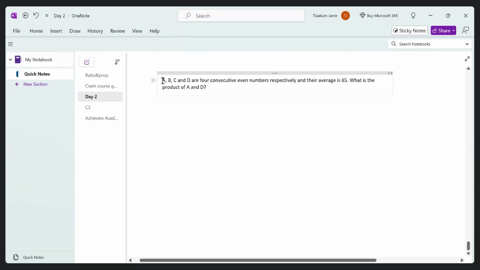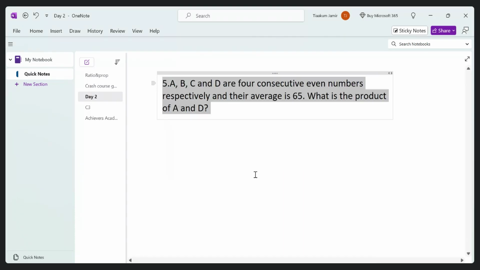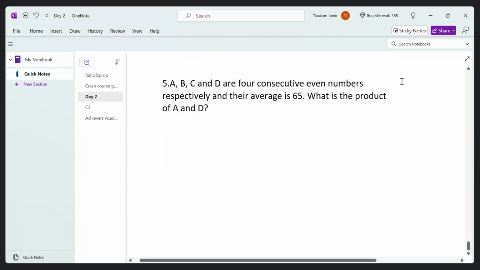Question number 5. In terms of even and odd consecutive numbers, use this way: x plus 2, x plus 4, x plus 6, and so on.